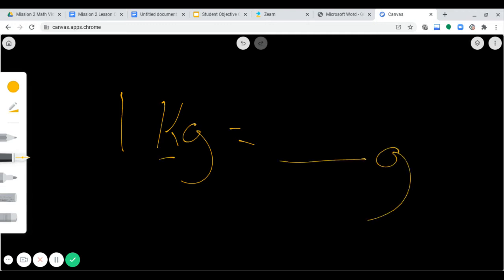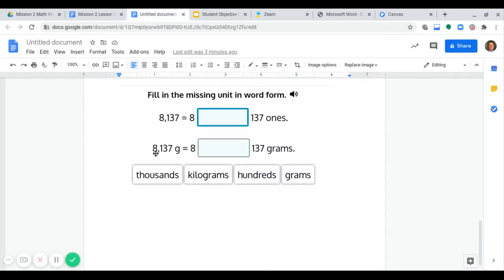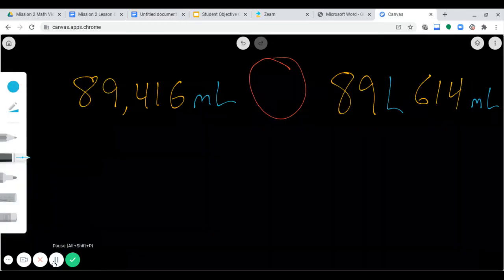Remember, kilo tells us 1,000. 1 kilogram equals 1,000 grams. So 8,137 grams equals 8 kilograms and 137 grams, because it takes 1,000 grams to make 1 kilogram. If we have 8,000, that's going to be 8 kilograms.